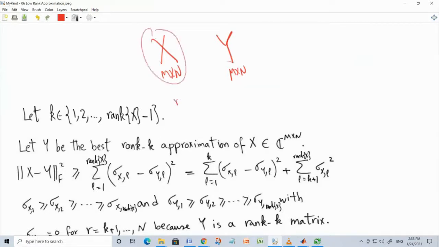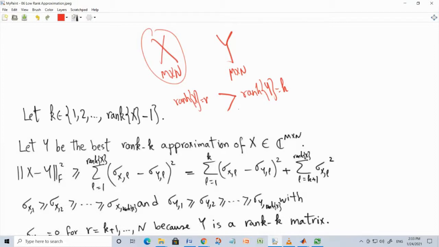So if the rank of X is R, I want matrix Y to have a rank K, where the rank of Y is strictly less than the rank of matrix X. So, for a given matrix X, we want another matrix of the same size, but with a strictly smaller rank.